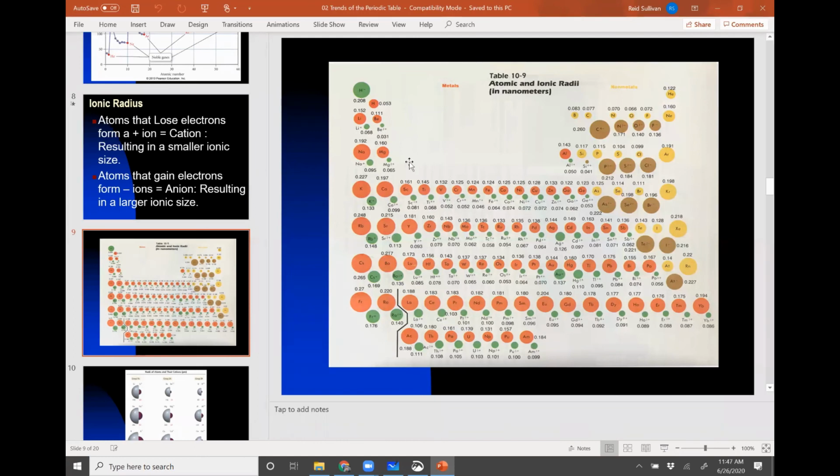So anyway, the trend is still the same with the positive ones. But once we hit the staircase, they switch to becoming negative. So negatives are always bigger than positives. But the trend is still the same. They still get smaller as they go across and larger as they go down.